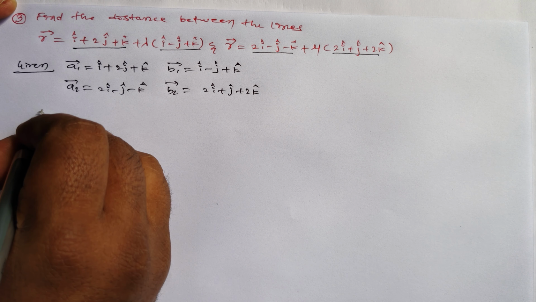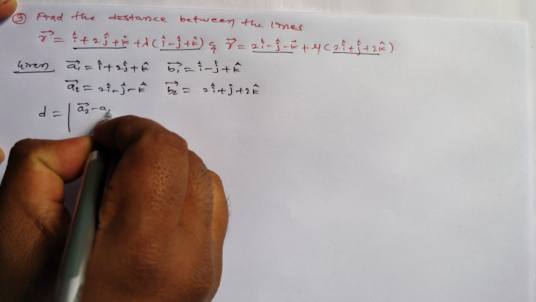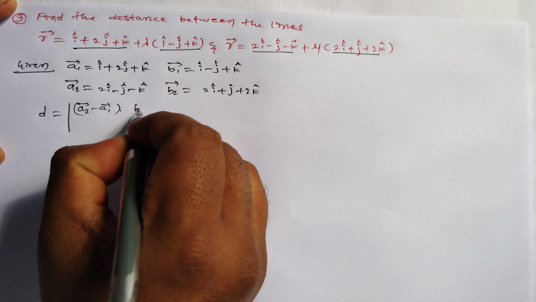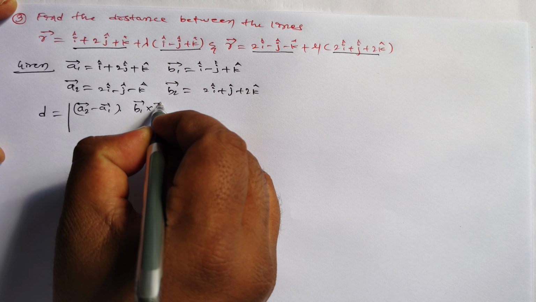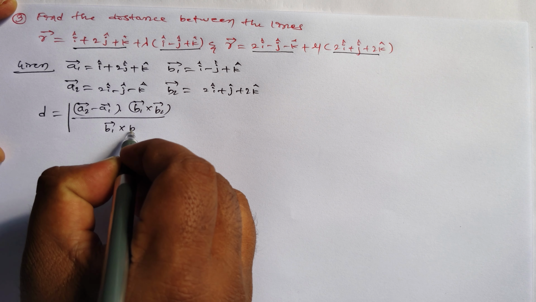First, I will write the formula. Distance d equal to (a2 vector minus a1) dot (b1 cross b2) divided by the magnitude of b1 cross b2.